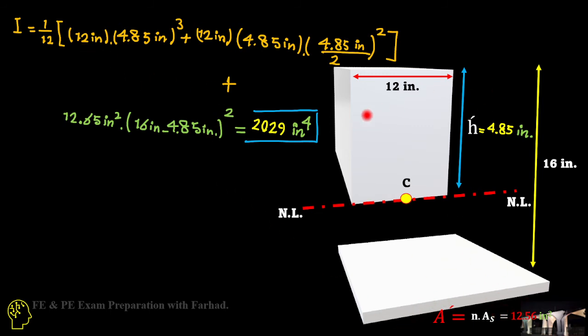So that's 1/12 times 12 times 4.85 cubed, because we are cutting it through the centroid, plus A d squared.